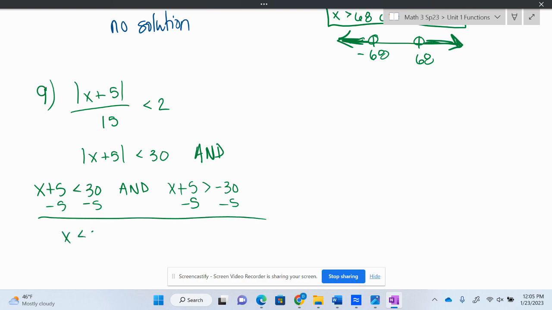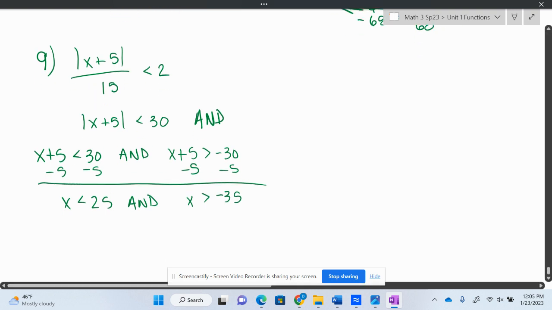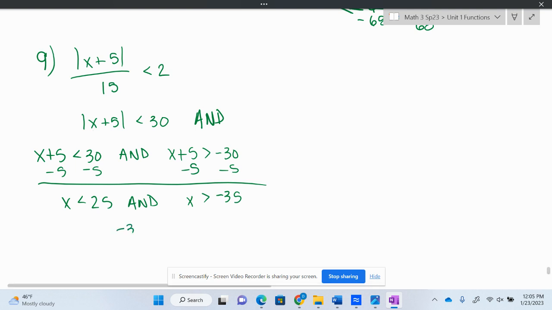So x is less than 25, and x is greater than negative 35. Because it's an and, I write it as a compound inequality: negative 35 is less than x is less than 25.